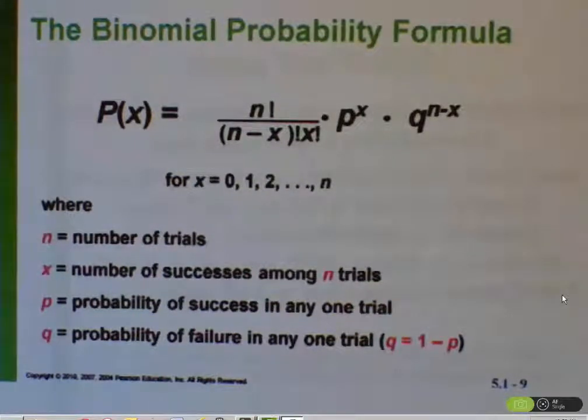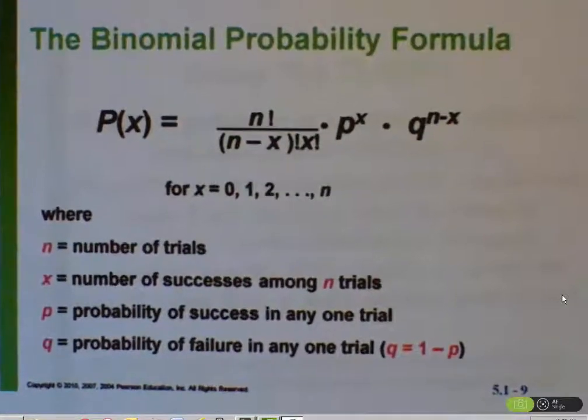All right, how about this formula for binomial probability calculations? That is an interesting formula, and just let me mention two things. Number one, we're not going to use the formula. I'm going to show you how to find this value on the calculator.